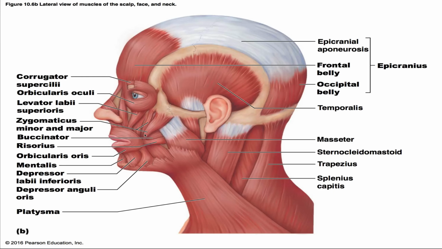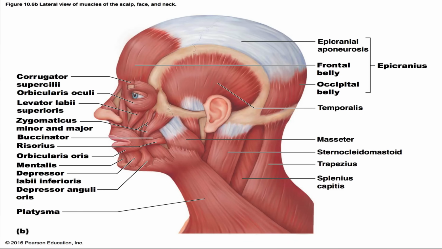And right over here, you have this orbicularis oris muscle. So again, this is another muscle that we talked about. Remember, these have the fascicles arranged in circular concentric rings. So we have this orbicularis oris, and then also the orbicularis oculi.